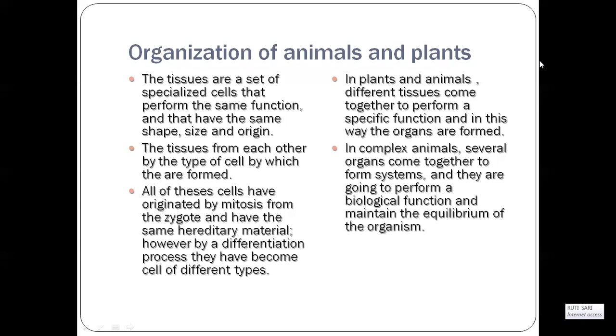So, again, tissues are a set of specialized cells that perform the same function, and they have the same shape, size, and origin. So, three things that the cells of this tissue are going to have. Same function, because they have the same size, shape, and origin.